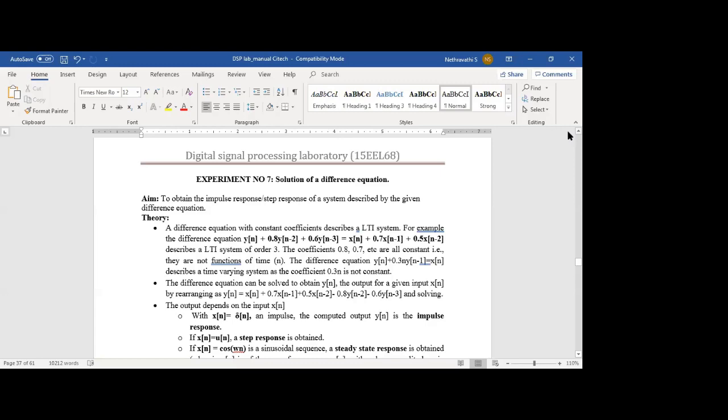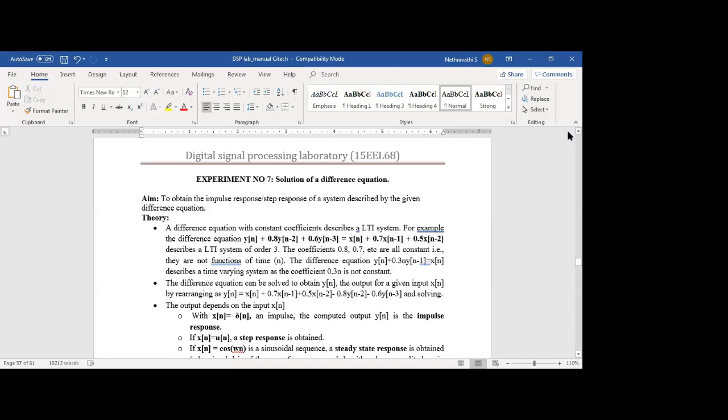So I take y of n to the left hand side and all the remaining terms to the right hand side. Then y of n becomes x of n plus 0.7 x of n minus 1, plus 0.5 into x of n minus 2, and the remaining two delay elements, minus 0.8 y of n minus 2 and minus 0.6 into y of n minus 3.